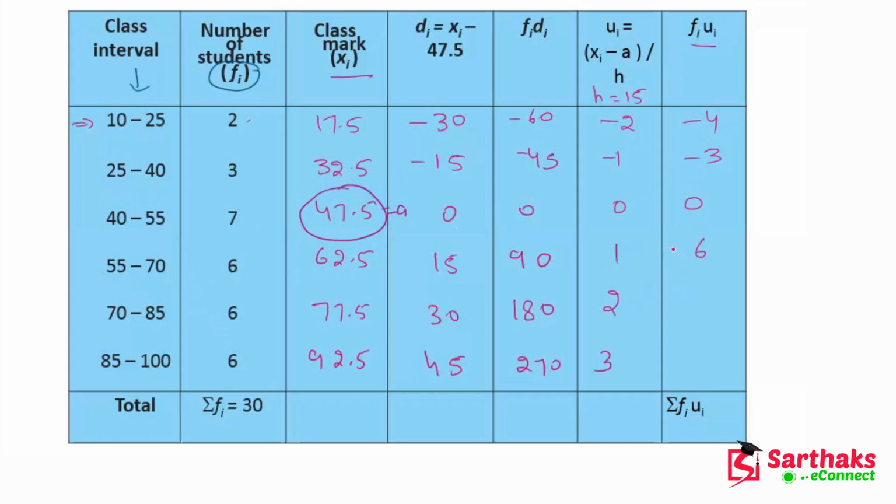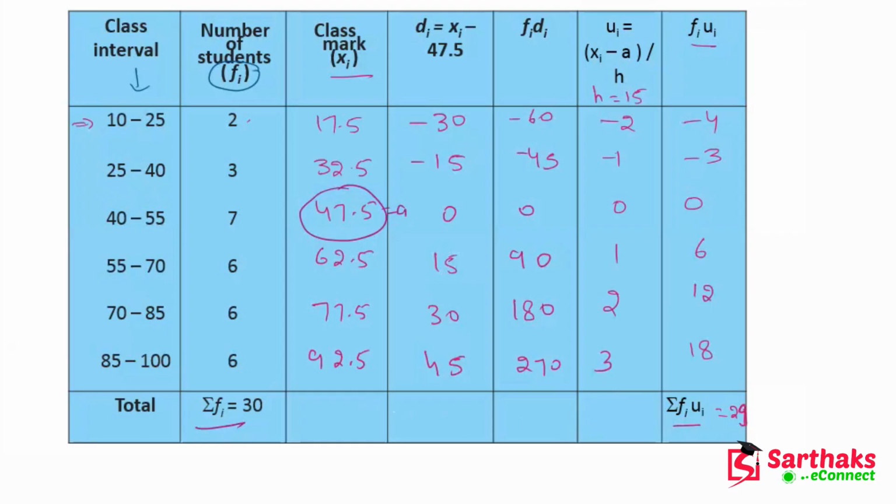And 6 into 2, this will be 12. 6 into 3, this will be 18. Now we have to find summation of fi ui, meaning we have to add all these entries. So we get 29. So now, we have summation of fi and summation of fi ui.